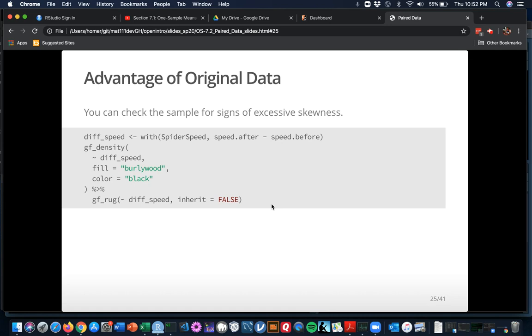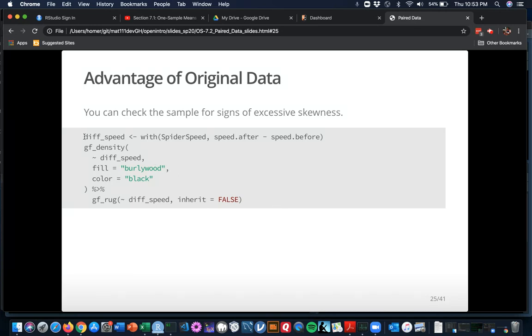If the population that you're picking from is not necessarily known to be normal, then you're hoping that either the population is pretty close to normal, or the sample size is pretty big, like maybe bigger than 30. And the sample size here is only 16. So it's really a good idea to check the sample to see if it's maybe skewed.